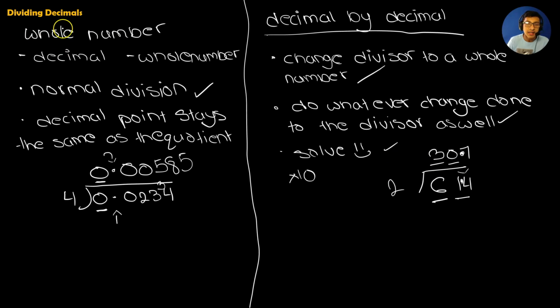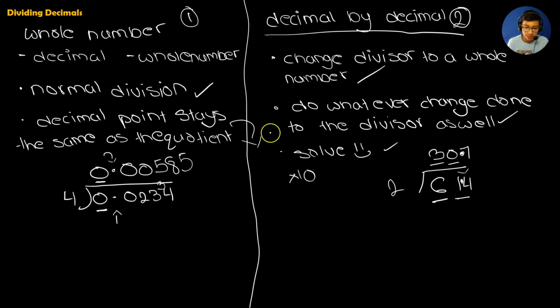Now, friends, let's recap what we have learned today, which is dividing decimals. In dividing decimals there are basically two kinds of problems. The first problem is where we have a decimal and a whole number. What we need to keep in mind is that it is normal division and the decimal point stays the same as in the quotient.